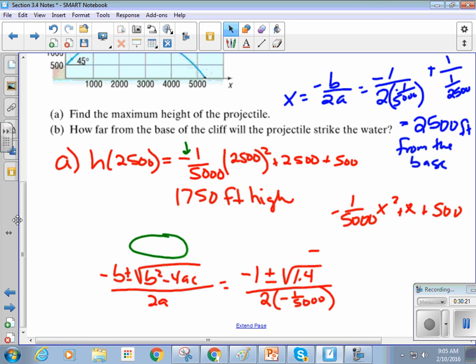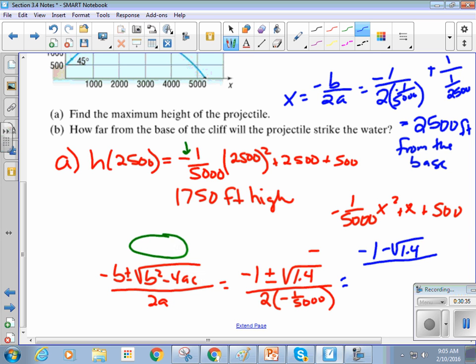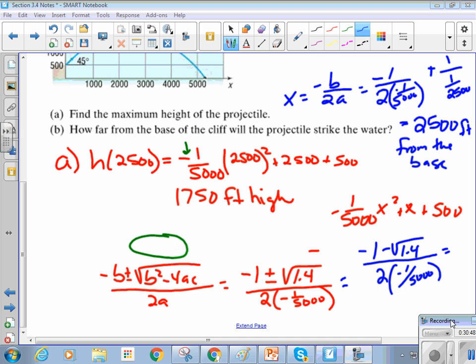So in your calculator, you're going to calculate both of these answers, but the answer that is going to be viable for this equation is going to be the one where we go -1 minus the square root of 1.4 divided by 2 times -1/5,000. When we put that into our calculator, we get 5,458 feet from the base.